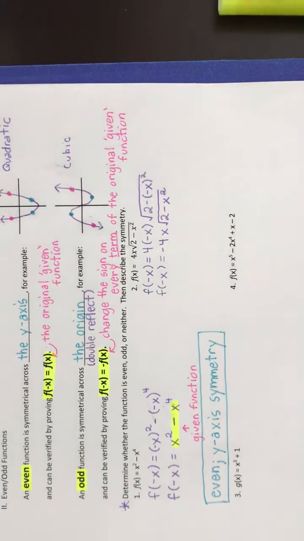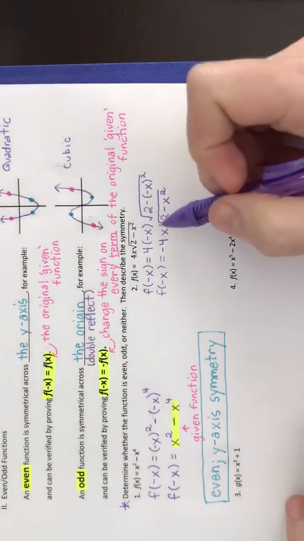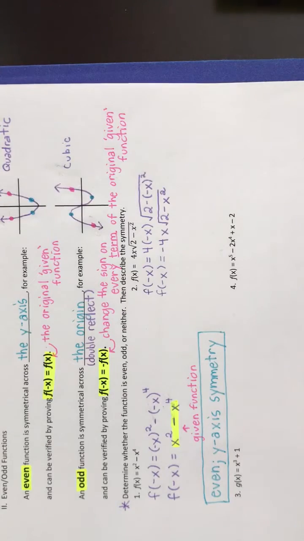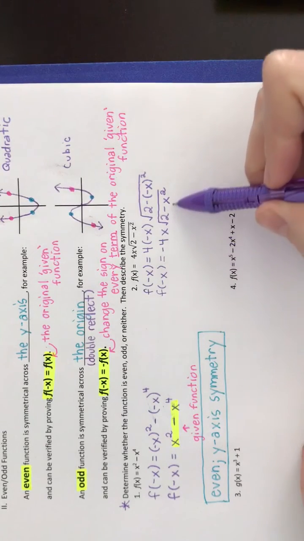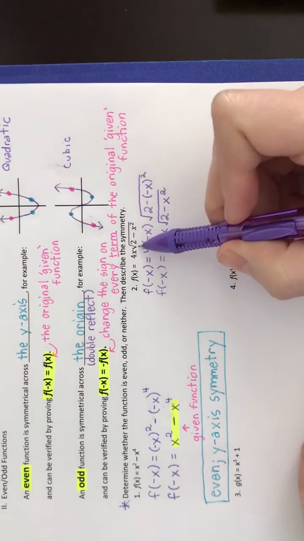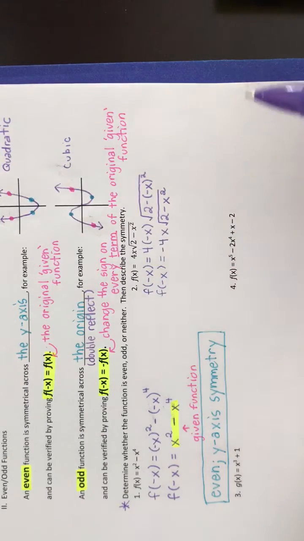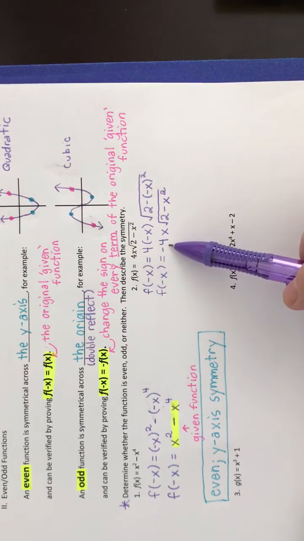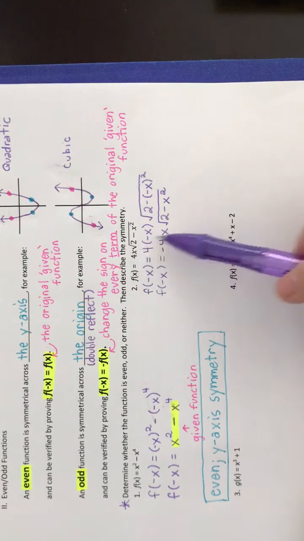Okay, so that's all I can do. All right, this is simplified as much as possible here. And I'm looking at my result, and I'm looking at my original. So notice if this function is even, my result will be the original. Is that the case here?